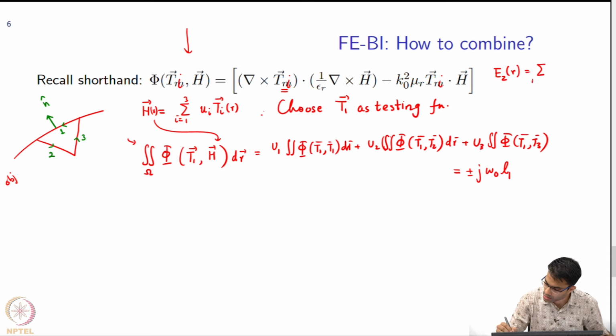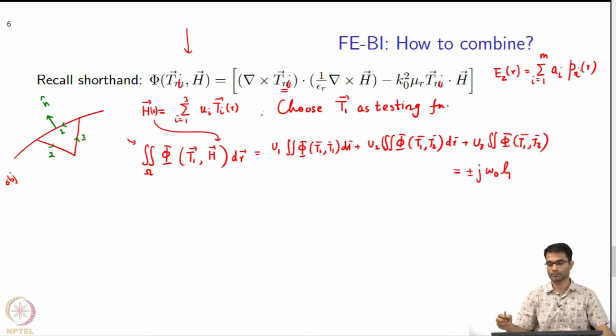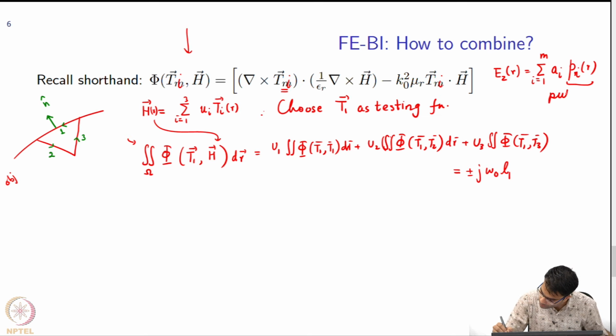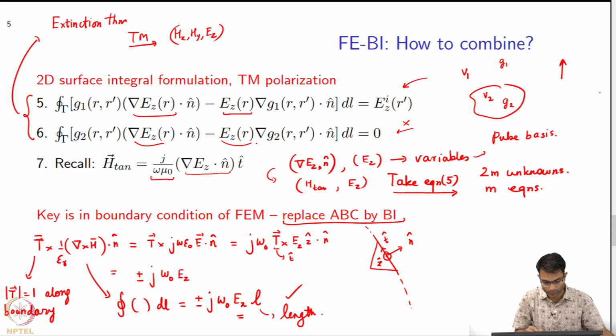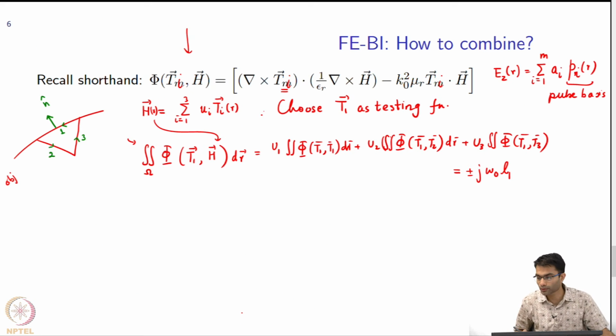So I can write I is equal to 1 to m, because there are m of them, some ai unknowns, and pulse basis pi of r. So this is my Ez, discretized along the boundary only. So this is going to be plus minus j omega naught L1 multiplied by, you notice I need a Ez over here. So what value of Ez will come?